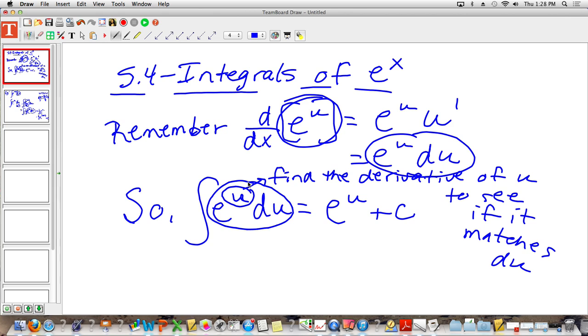So if it had been a dx here, you would know that your integral is going to be written with an x in it. The du part of it is just there to tell you the variable that you're using in your problem. What does the d stand for? Derivative. So what you're doing here is undoing a derivative in terms of u. So when you take the integral, it goes away.